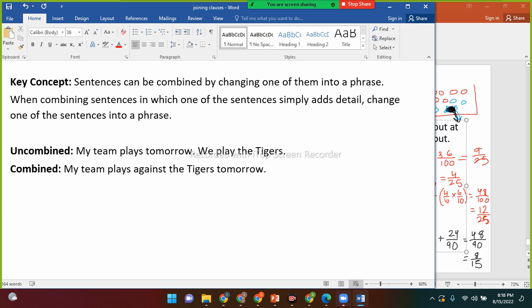So say for example, this uncombined one: "My team will play against the Tigers."